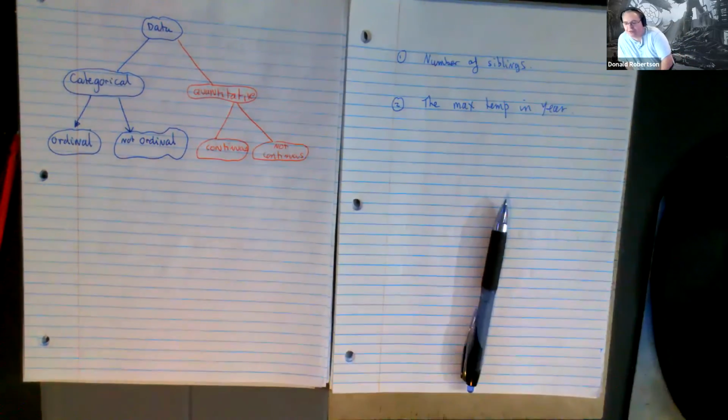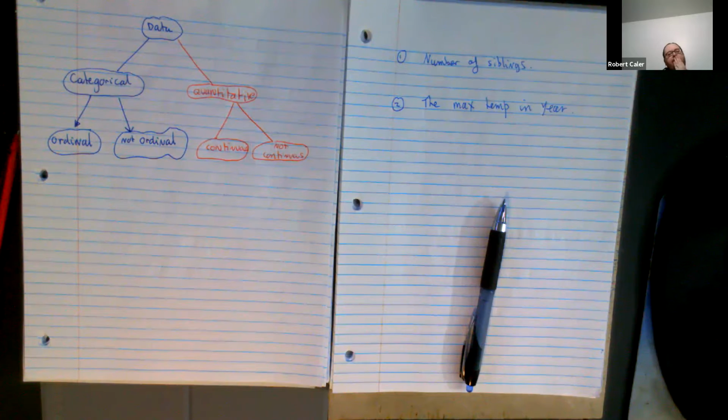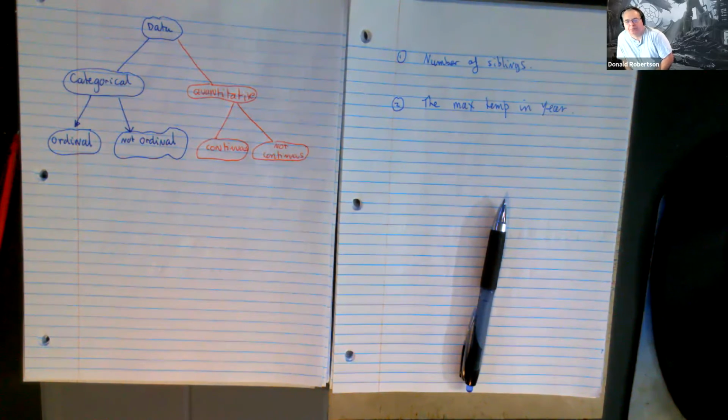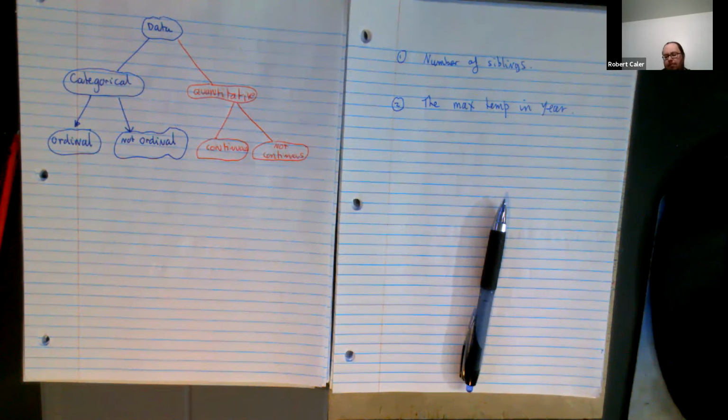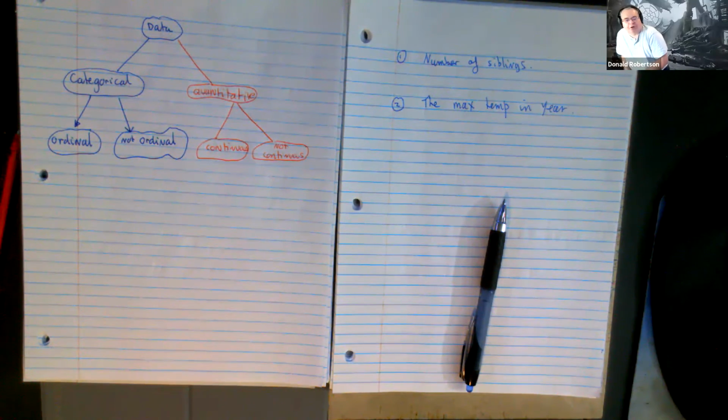Okay, let's look at number of siblings. What kind of data is number of siblings? Quantitative. Correct. Is it continuous or not continuous? Discrete. Right, which is not continuous. You're right, discrete's a better word, but the book uses not continuous. What about the maximum temperature in a year in Bremerton? Right, the hottest it got this year, whatever.